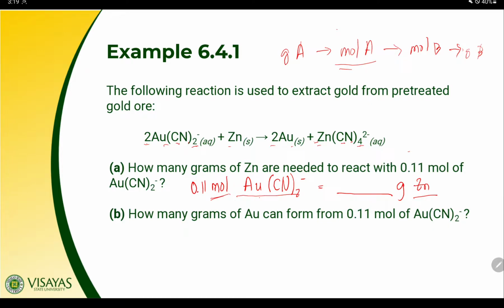So we have mole A to gram B. In this case, the B is zinc. Okay. Letter B, how many grams of gold can form from 0.11 mole of gold(I) cyanide? So we have 0.11 mole of gold(I) cyanide.